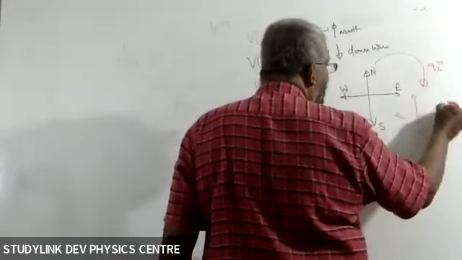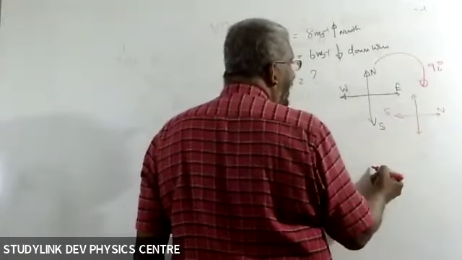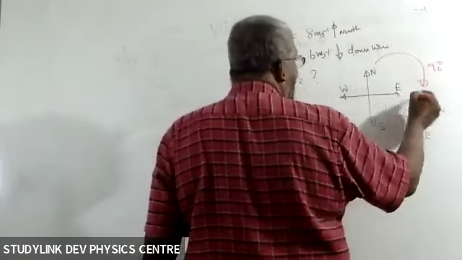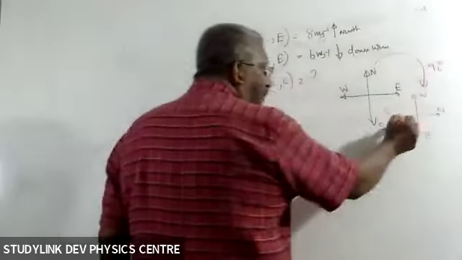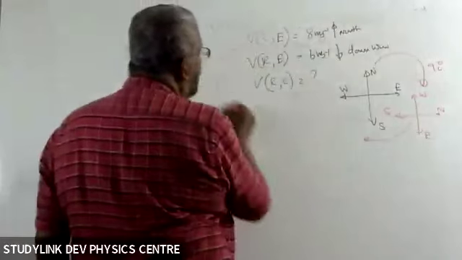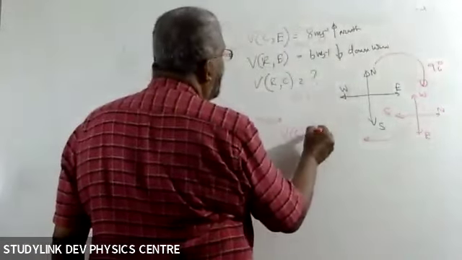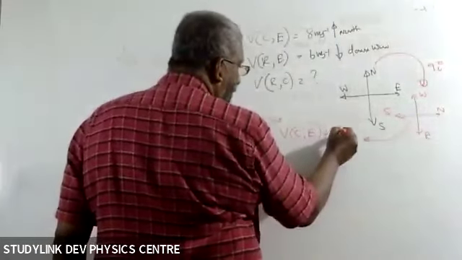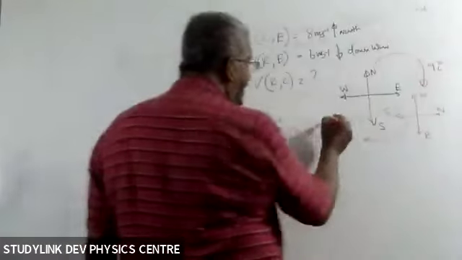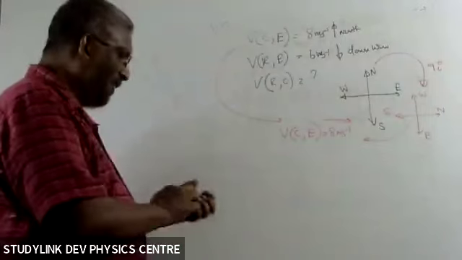North is here now, then south is here. Then east is here, west is there. We turned it. Now we mark according to this. Then velocity of the car relative to the earth is 8 m s^-1. We said north, no, our north is now here. Then we can draw it.